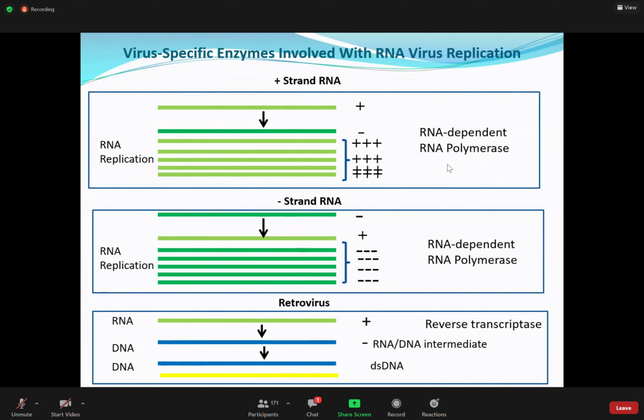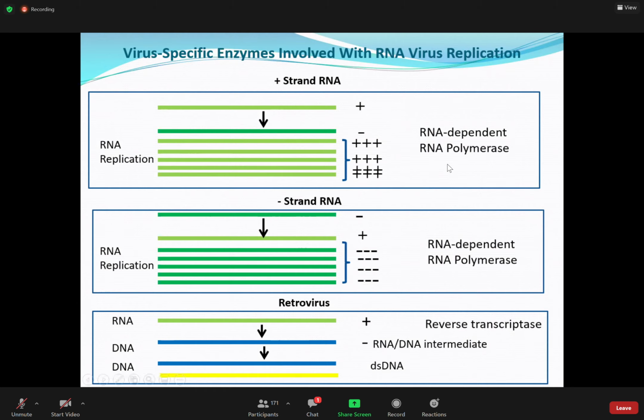And one of the first proteins that it makes is this enzyme, RNA-dependent RNA polymerase, to create more plus strand RNA. Well, first of all, to make this minus strand RNA template so that it can read off more plus strand RNA molecules. You all get that? That's a very important concept.